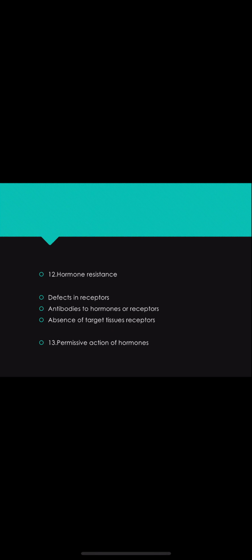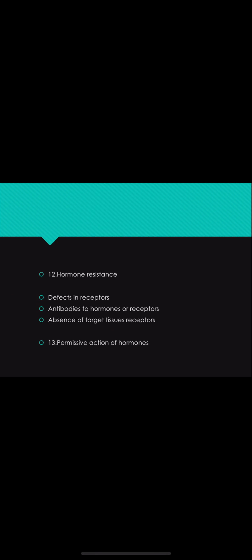Ectopic production of hormones. Ectopic means like ectopic pregnancy, not in the uterus, somewhere else. So ADH is produced by carcinoma of bronchus. The primary site of ADH production is not the carcinoma of bronchus, but this is an ectopic production of hormone by the carcinoma of bronchus. Beta HCG by testicular tumor. So these are some examples of ectopic production of hormones.